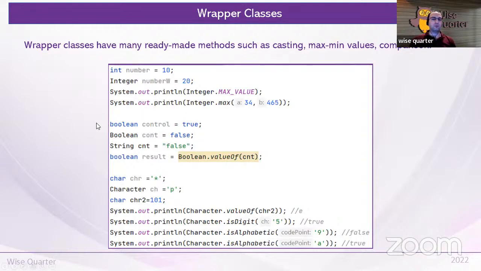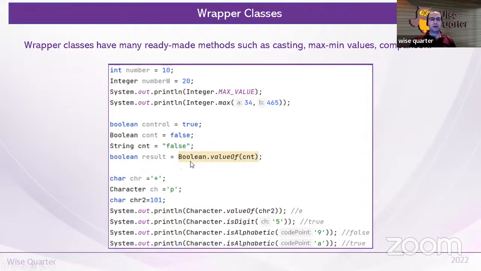It is very same for the Boolean too. This is the primitive type. You can understand from the first letter. This is a wrapper class. As you can see, the first letter is a capital. And we have a string variable here. It's a non-primitive.